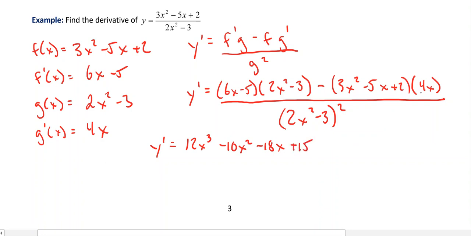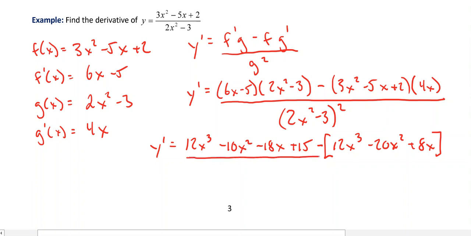Then multiplying this 4x by this trinomial, we will have 12x cubed, and this is all being subtracted, so I'm going to put it in a big bracket. 12x cubed, 4x times a minus 5x is minus 20x squared, and then 2 times 4x is 8x, all over the denominator squared. And once again, don't actually square that.